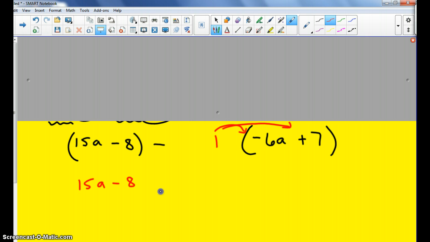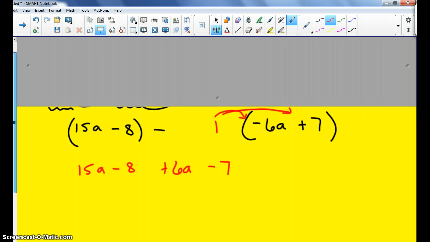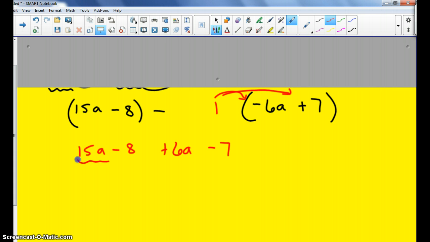What is a negative times negative 6a? Positive 6a. And then a negative 1 times a 7 is a negative 7. So we have 15a plus 6a. What does that give me? 21a. Negative 8 minus 7, negative 15.